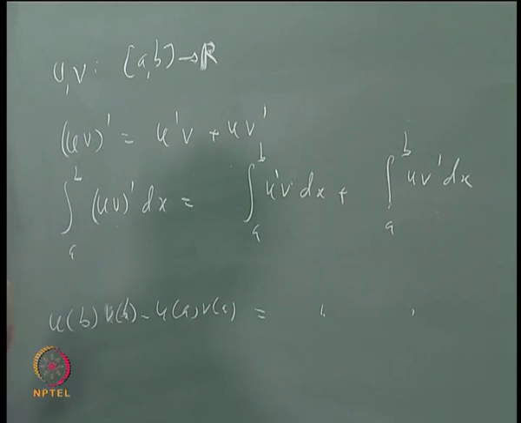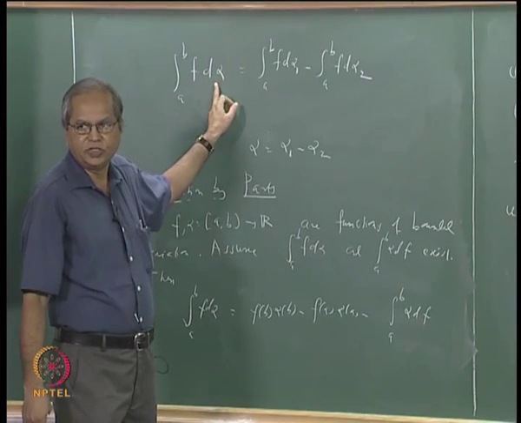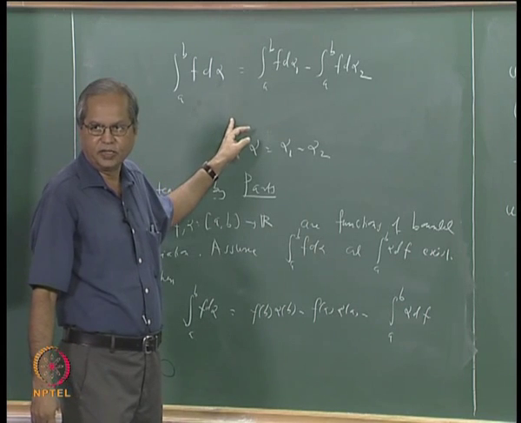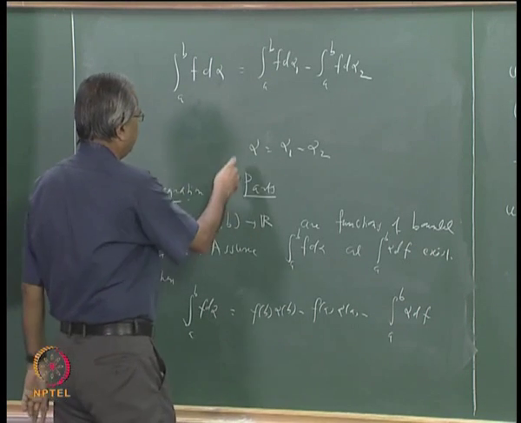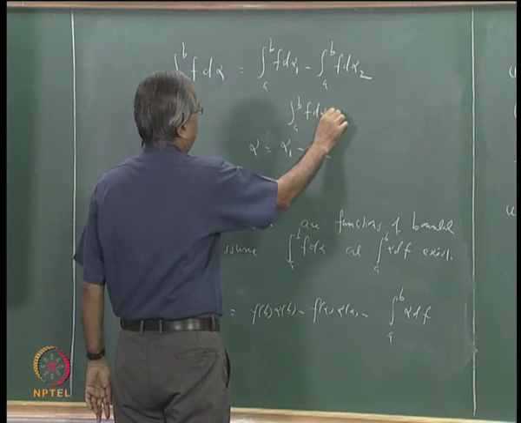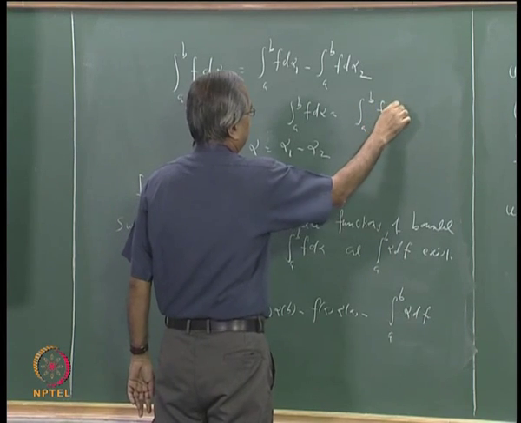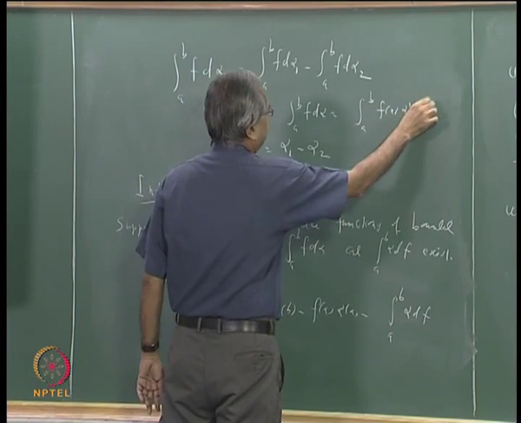And remember we had also proved that if alpha is a differentiable function such that alpha prime is also Riemann integrable, then integral f d alpha is the same as integral a to b f(x) alpha prime(x) dx.